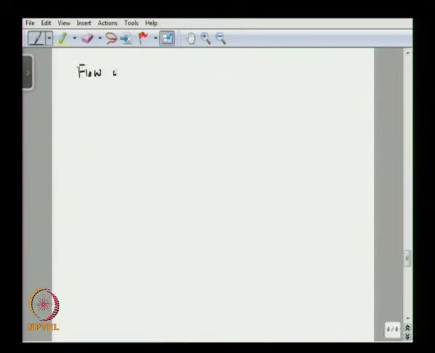So, let us talk about flow in triangular channel cross section. Unfortunately, we do not have analytical solutions for flow through a triangular cross section of any triangular shape, only if the three sides are equal, only if it is an equilateral triangle, then we will be able to derive an expression for the velocity.